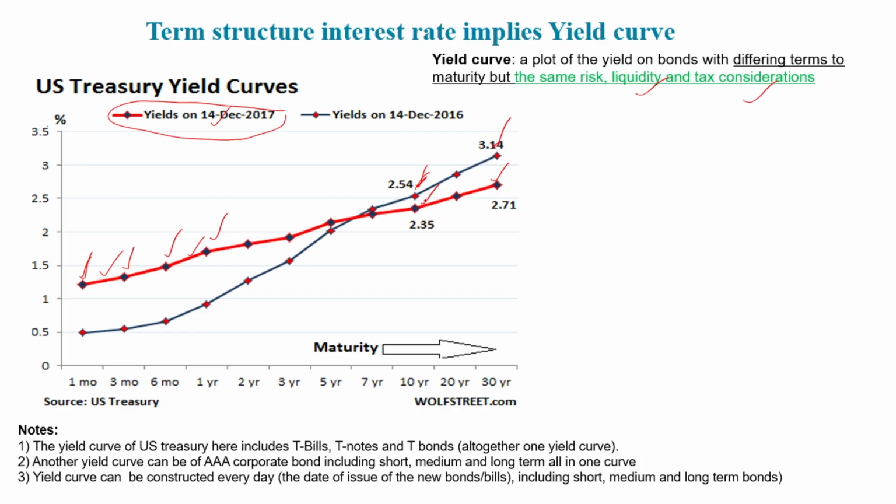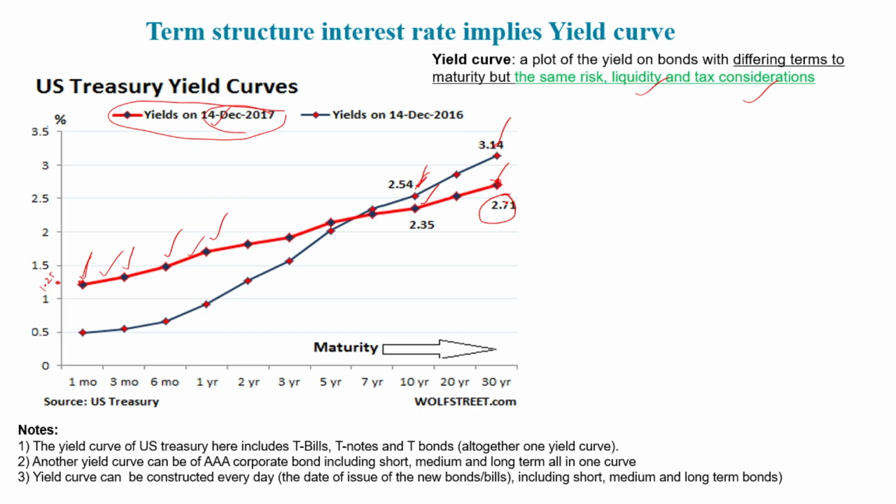So if you go through this line on the particular day, the 14th December 2017, a 1 month US government security yields approximately 1.25 rate of interest, whereas a 30-year government security issued by the US government yields 2.71. That is the annualized return. Even for the 1 month here also, that is annualized return. Annualized return is 1.25, whereas for a 30-year US government security yields 2.71.